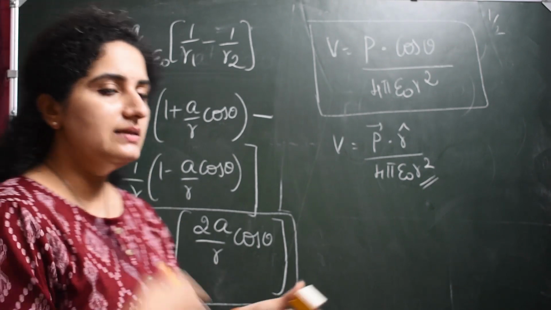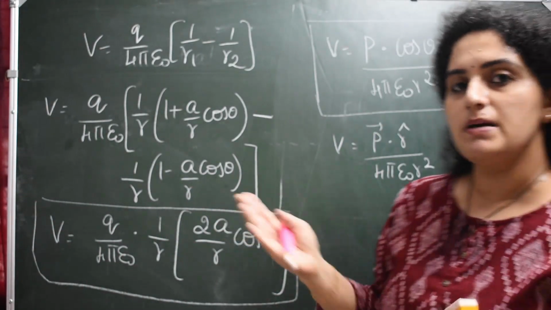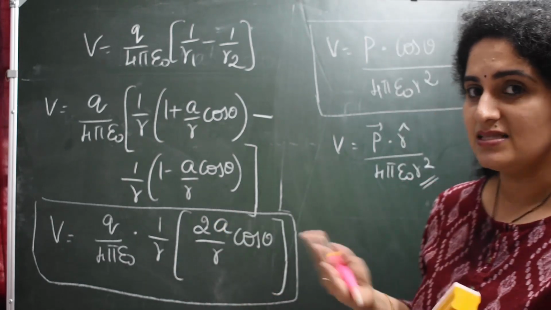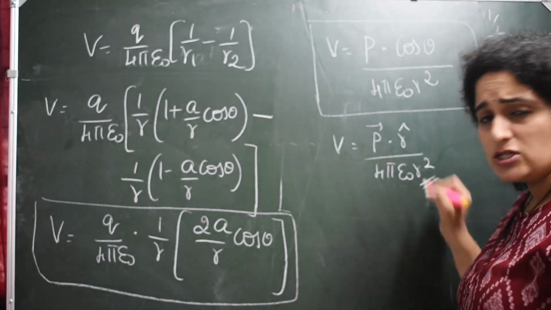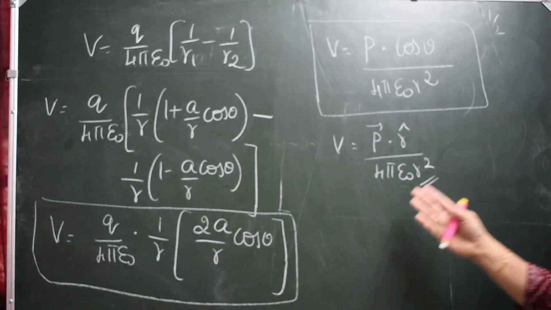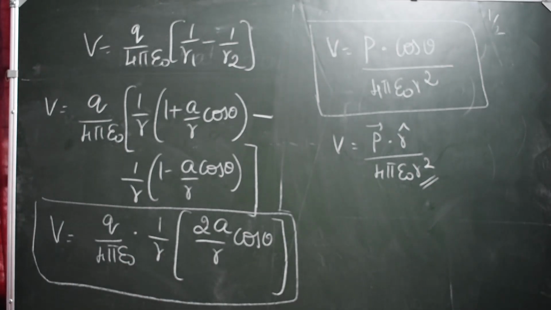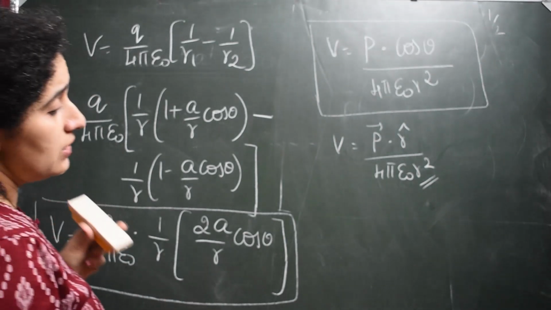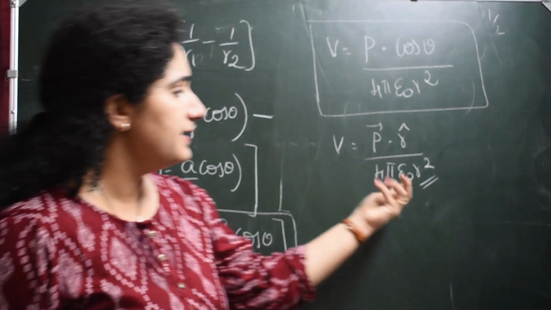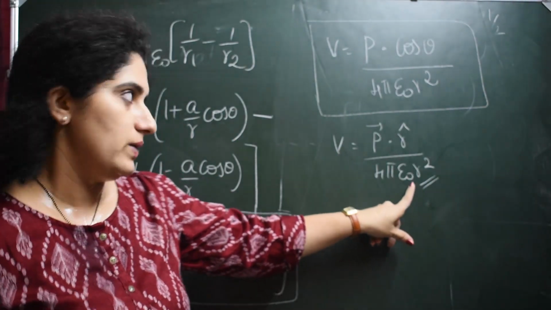So just compare the electric potential with the electric field, and then remember the equations, how it is varying. You can write 2 columns for point charge as well as for the dipole. You can write the 2 equations. So now you see that it is not varying as 1 by r, it is varying as 1 by r square.